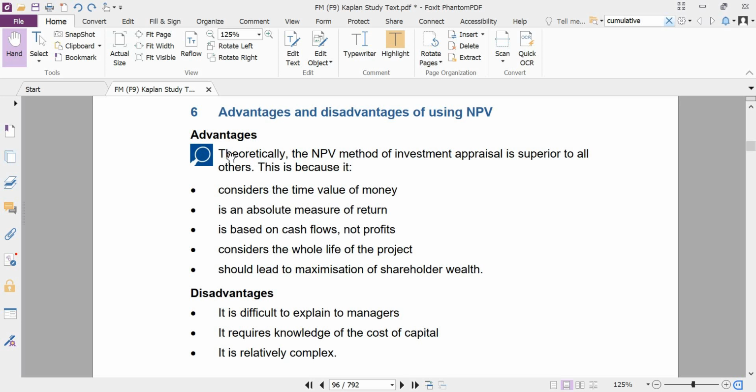Theoretically, the NPV method is considered to be superior to the other investment appraisal methods, and the disadvantages are not that many compared to the advantages. For example, it is difficult to explain to managers because it involves some complex calculation. But anyhow, the advantages of using NPV are more than its disadvantages.